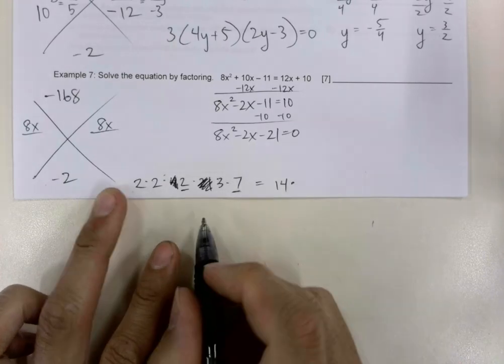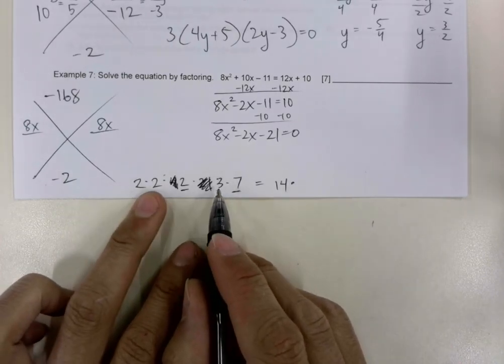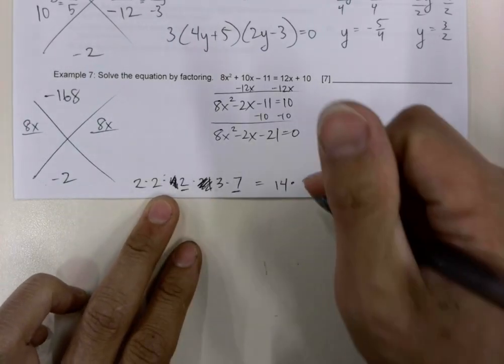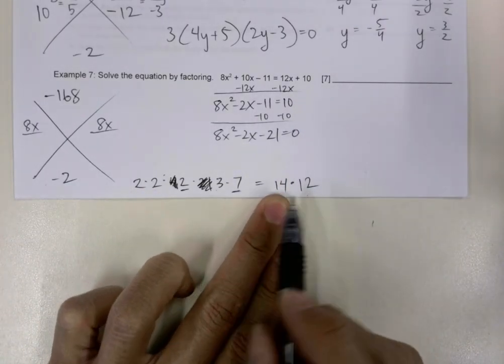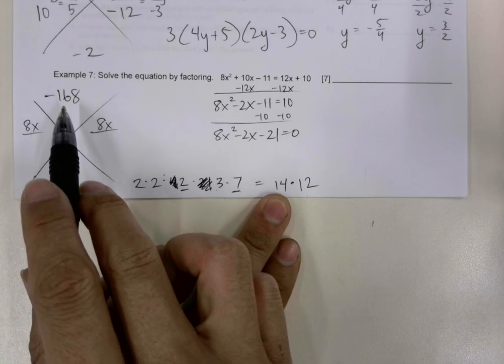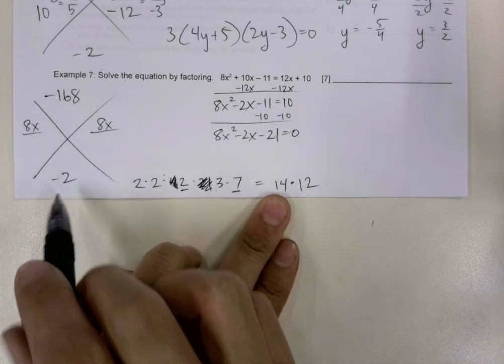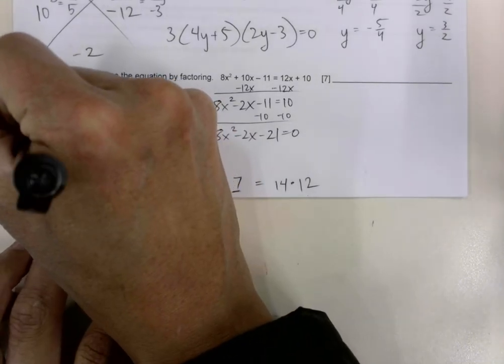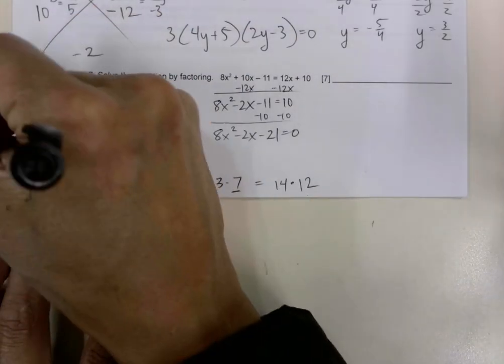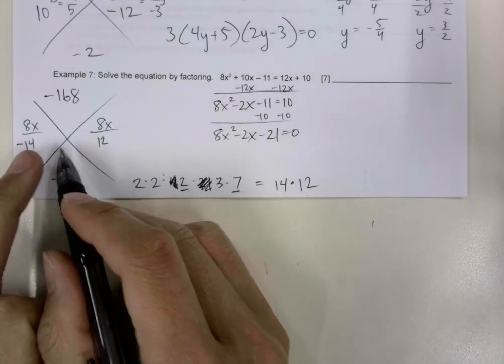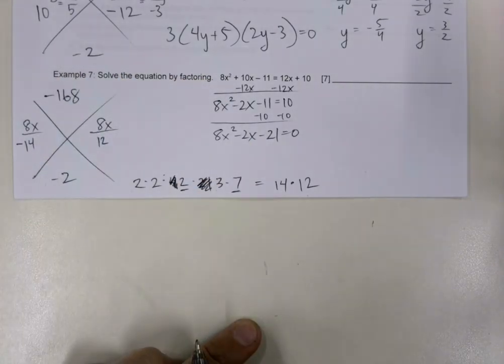And then we can multiply the rest of the factors by each other. So it's 3 times 2 times 2, so that's going to be 12. And you can see here that 14 times 12 equals 168, and then they differ by 2. So we'll put a 14 here and a 12 here, and then the 14 needs to be negative because we need them to add up to negative 2 and multiply to negative 168.